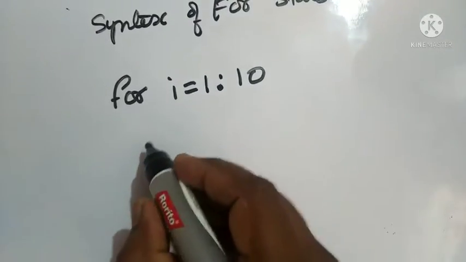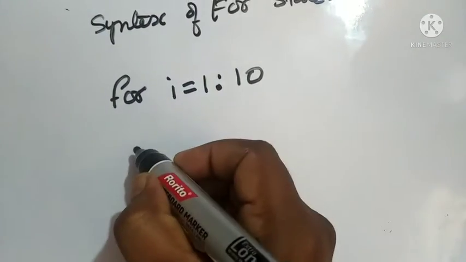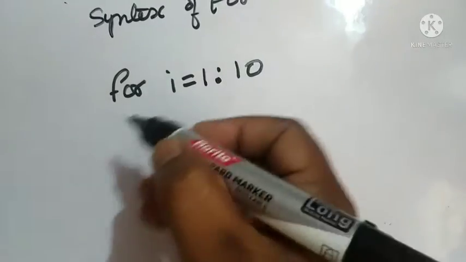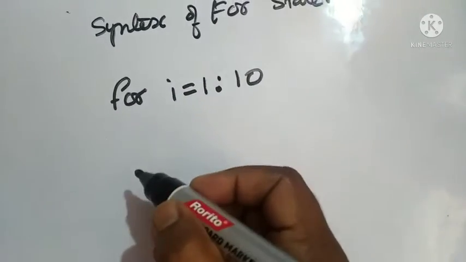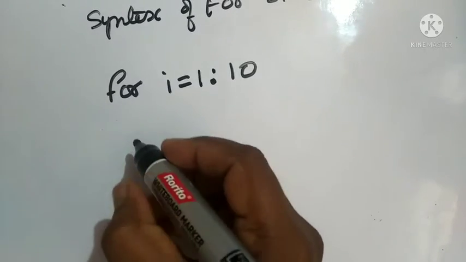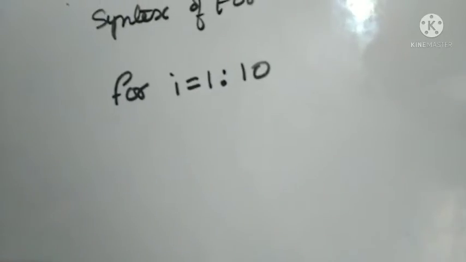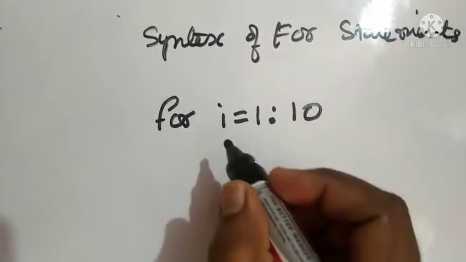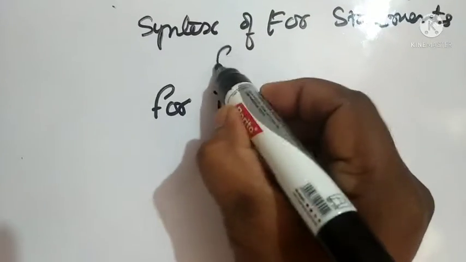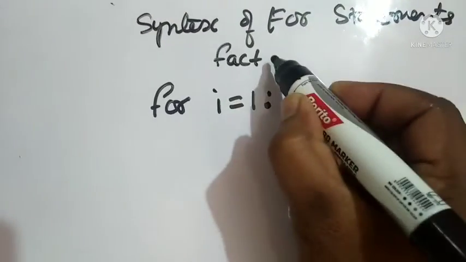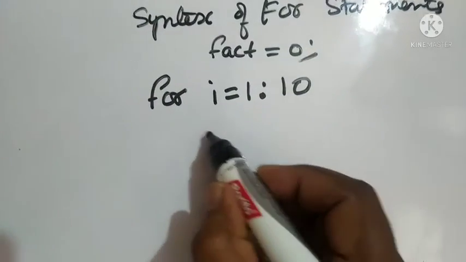Now, for I = 1:10, here I give any instruction or block of statements which I want to execute. For example, let us calculate the factorial of a number from 1 up to 10. I take a variable called fact, starting with fact = 0.